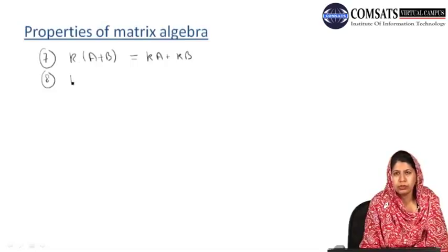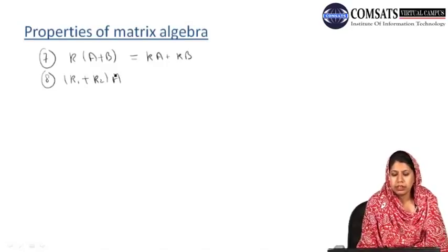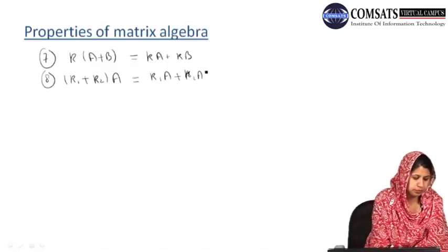Okay, if we have two scalars k1 and k2 and a matrix A, then either we add the two scalars first and multiply with our matrix A, or we separately take the scalar multiples and add them, and we obtain the same result.